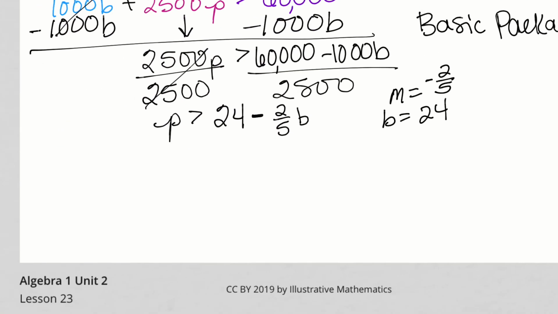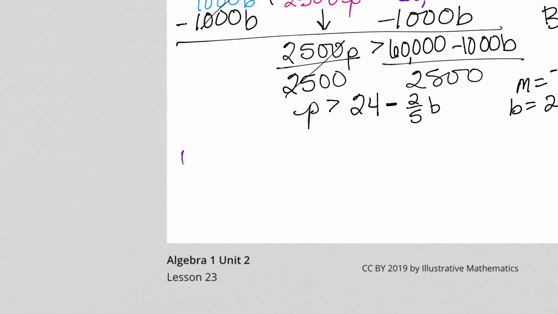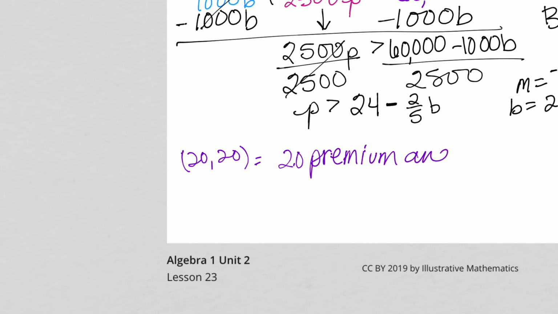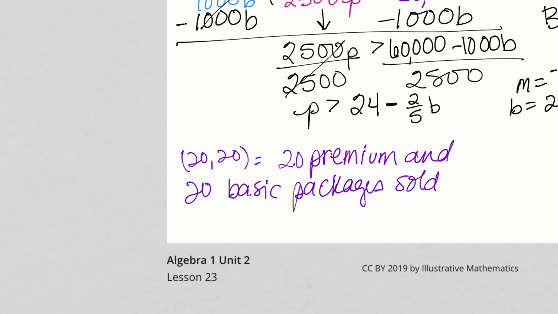Okay. What does (20, 20) mean? There were 20 premium packages and 20 basic packages sold. How much money was made?